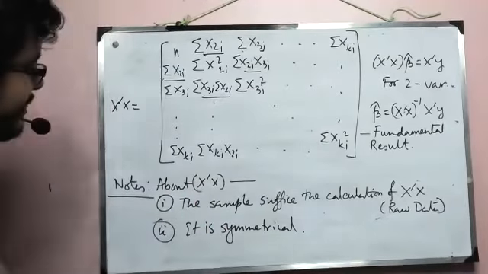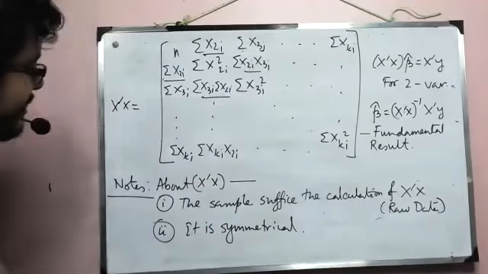So for the two variables case, you have beta hat, beta 1, beta 2, right?